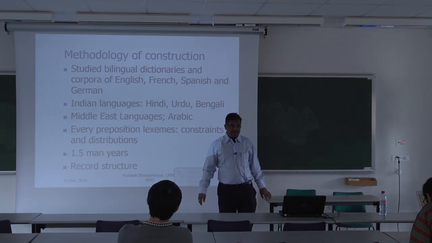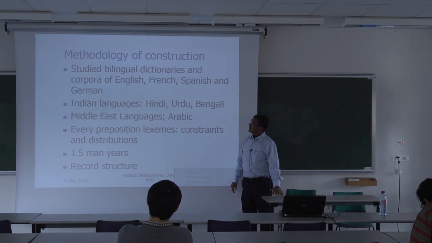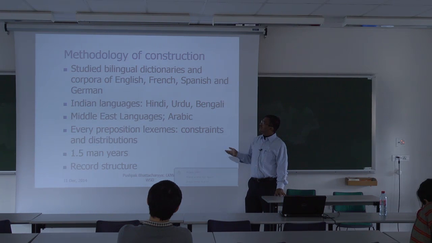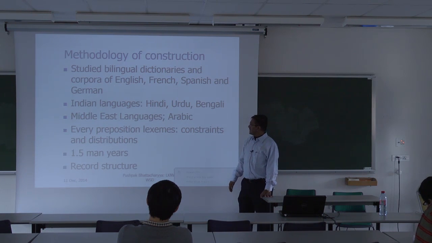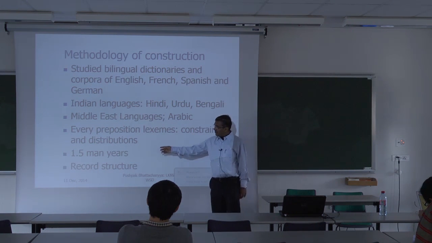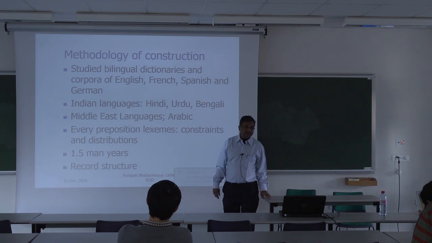The methodology of construction shows that the project in charge has studied many languages and many bilingual dictionaries, and there were prepositional lexemes with constraints and distributions. It took 1.5 man years, and the structure is based on records.